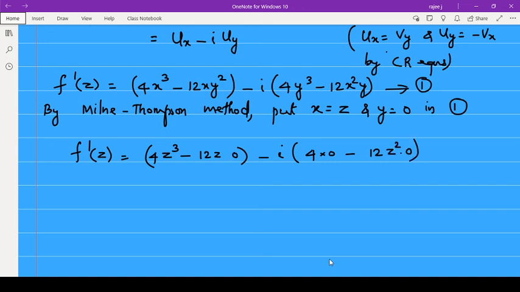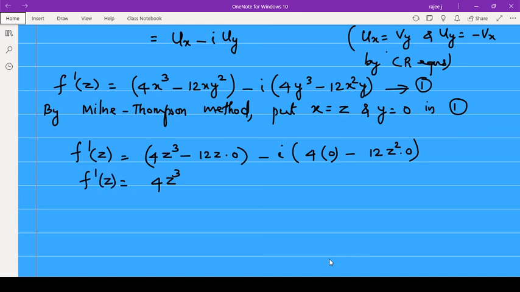So this is 4z cube, and the rest becomes 0. You are just getting 4z cube, so f dash z is equal to 4z cube.